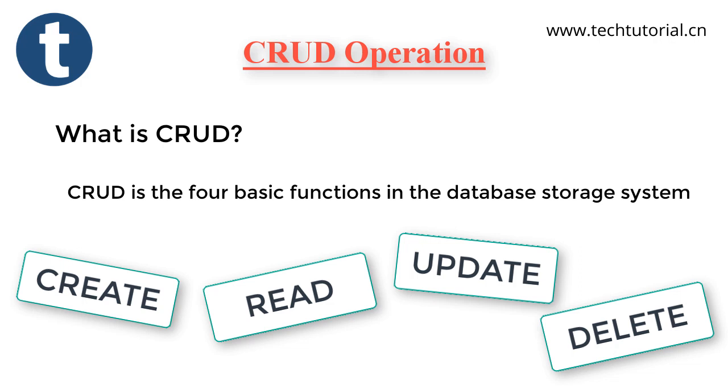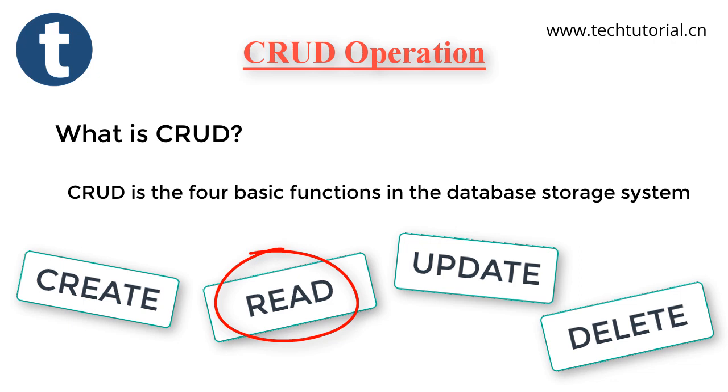Okay, now we have a book library, and if we want to add a new book in our library database, at that time the create function will be called. And if we want to see all the books from the library database, at that time the read function will be called.